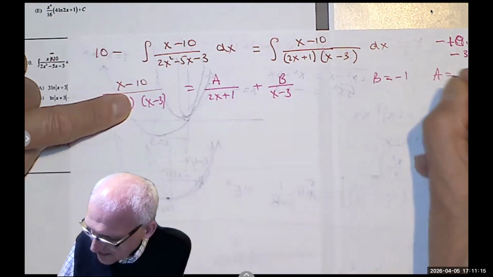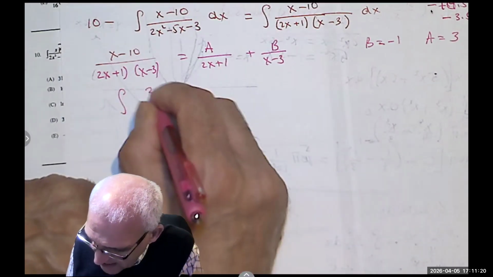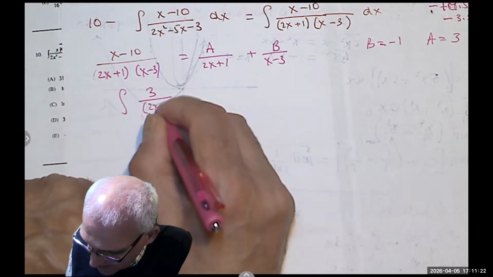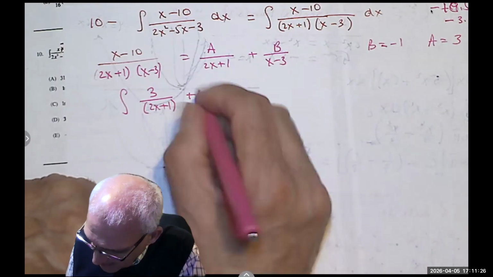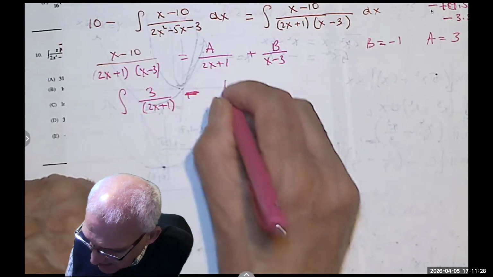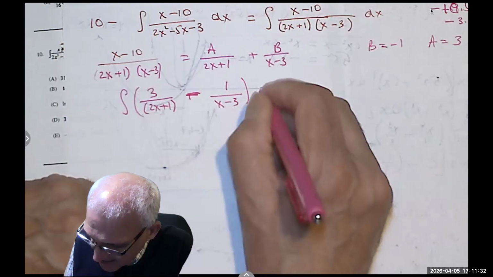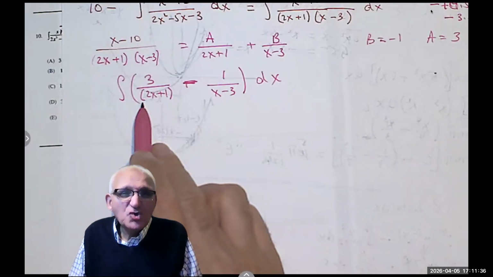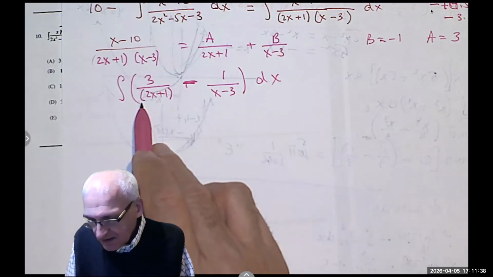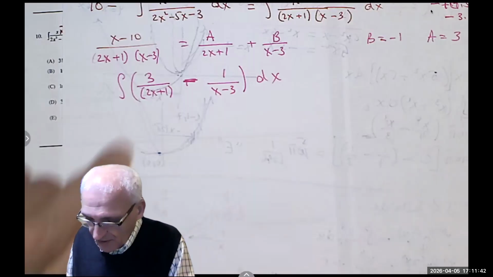So a equals 3. So really, now I'm going to integrate 3 over 2x plus 1 plus or minus 1 over x minus 3 dx. Notice this is 2x, not x, right? So what do I do? I want the numerator.